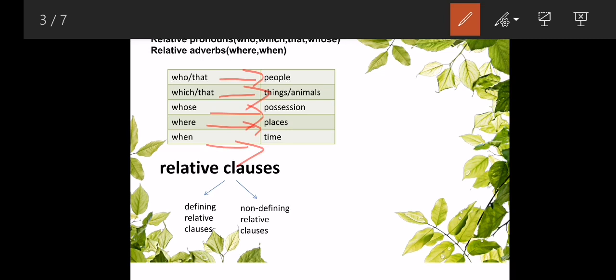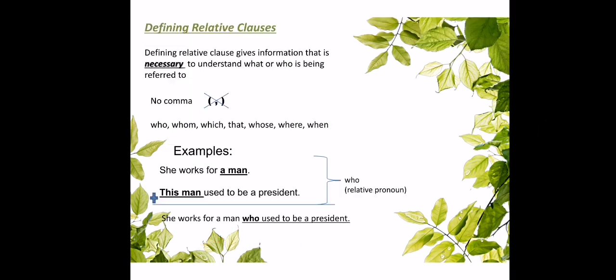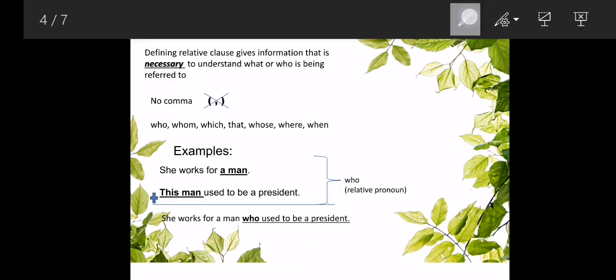Relative clauses are separated into two parts: defining relative clauses and non-defining relative clauses. Let's see, what are defining relative clauses? A defining relative clause gives information that is necessary to understand what or who is being referred to.